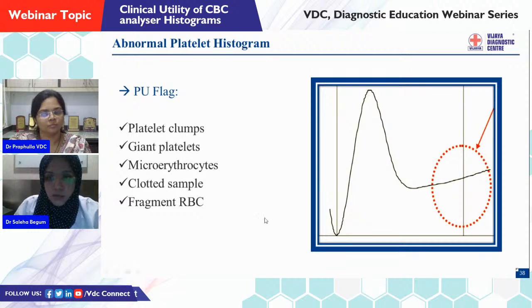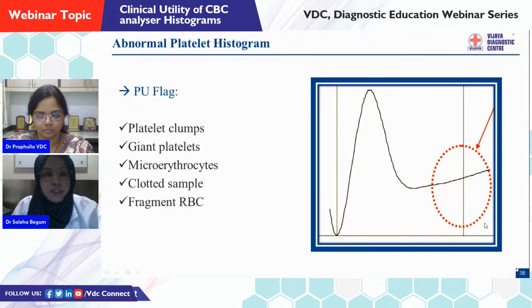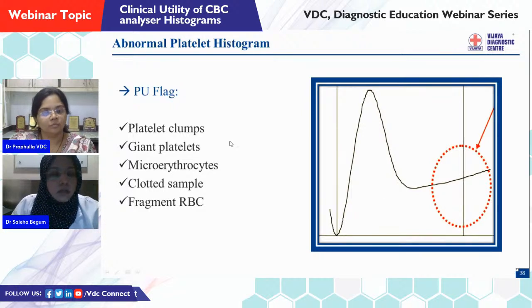Coming to this type of abnormality, the graph is not ending at the baseline. Again, the cause is, as I said, the upper discriminator is not able to judge whether they are platelets or whether they are something larger than the platelets. So it gives an abrupt ending to the graph. The causes for such a graph are platelet clumps, giant platelets, microerythrocytes, clotted sample, or fragmented RBCs.